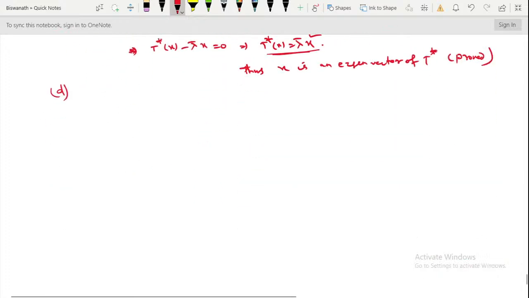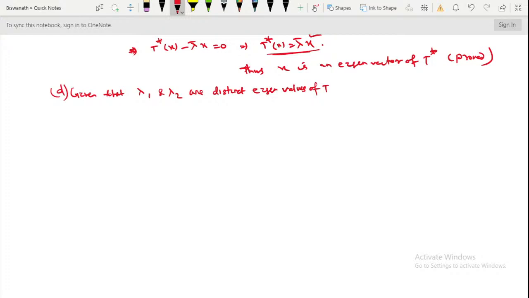Here given that lambda 1 and lambda 2 are distinct eigenvalues of T, with corresponding eigenvectors x1 and x2 respectively.